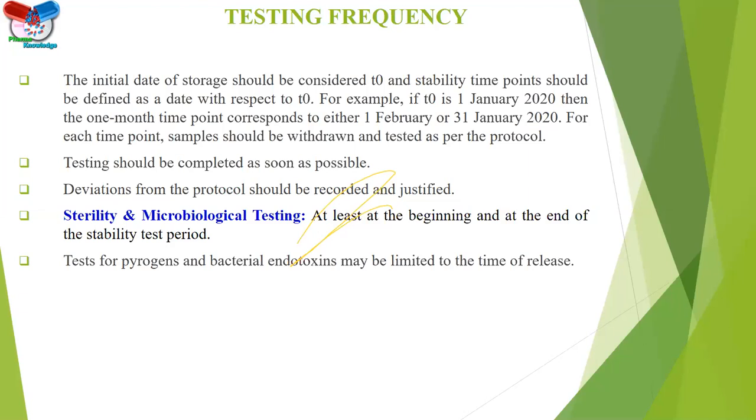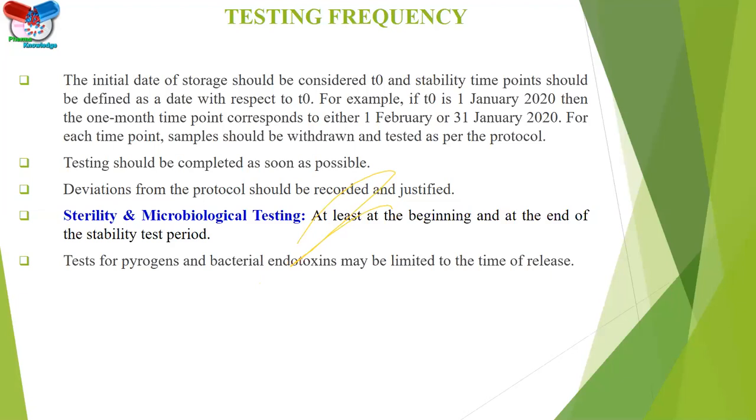For each time point, a sample should be withdrawn and tested as per the protocol. For every study, there should be a protocol that defines your withdrawal strategy. Testing should be completed as soon as possible.